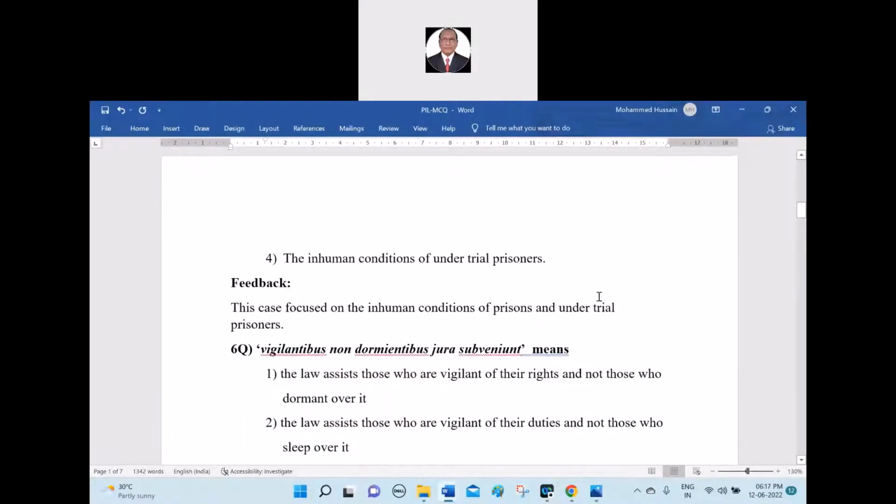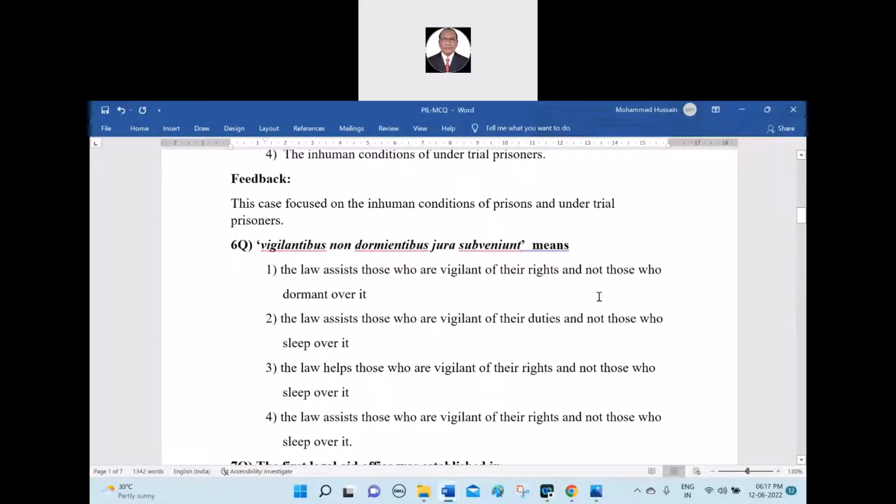Sixth question. Anyone can unmute and read the sixth question? Vigilantibus non dormientibus jura subveniunt means: number 1, law assists those who are vigilant of their right and not those who are dormant over it.